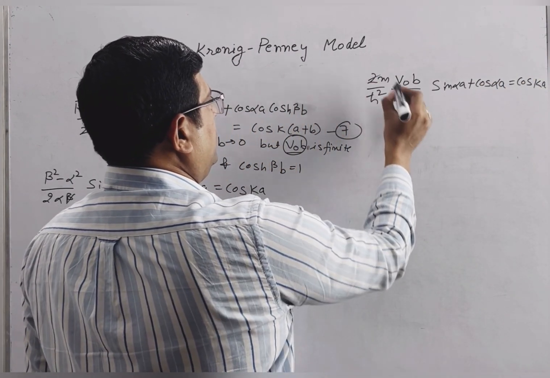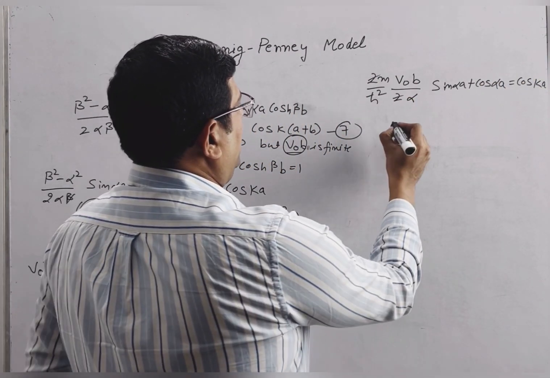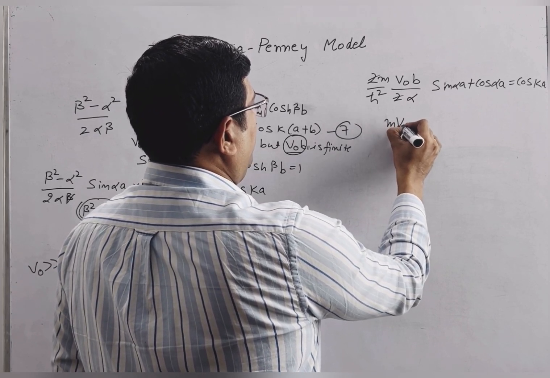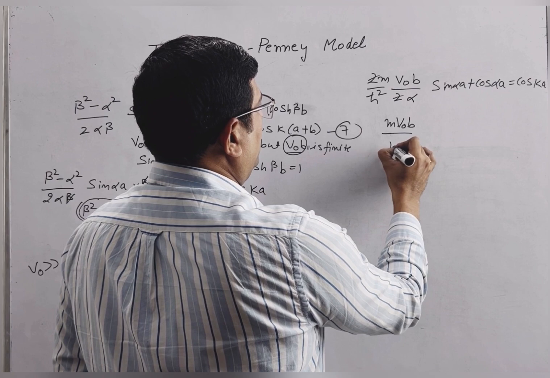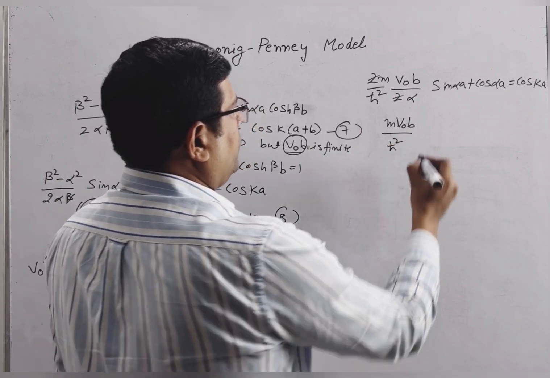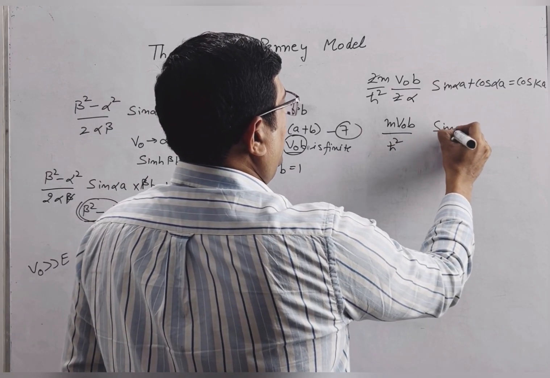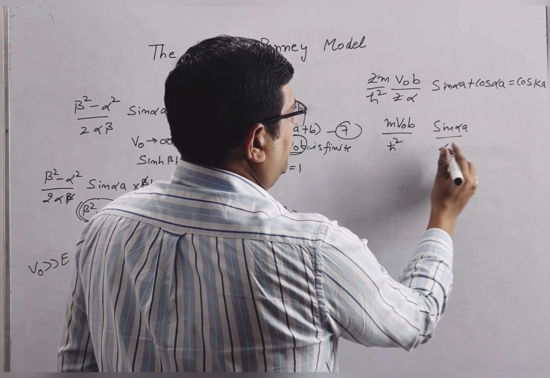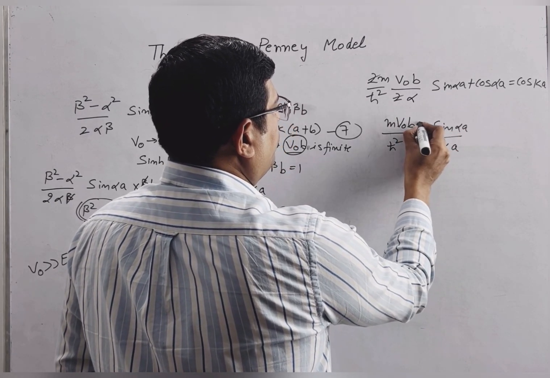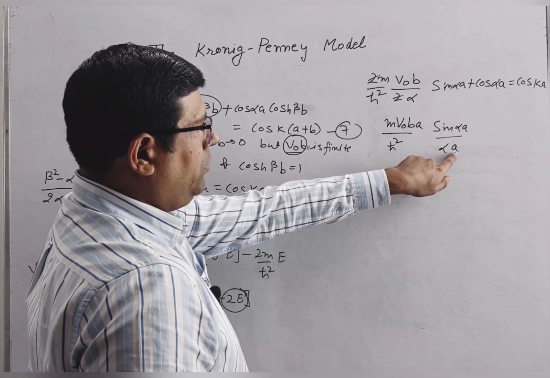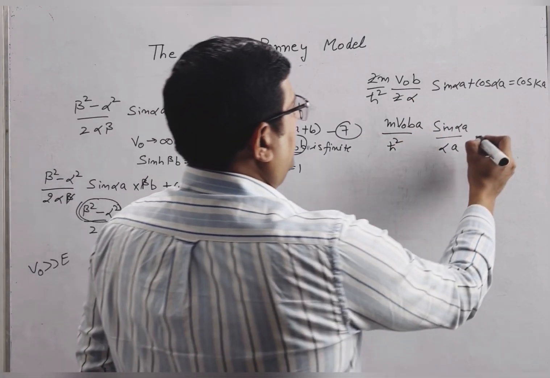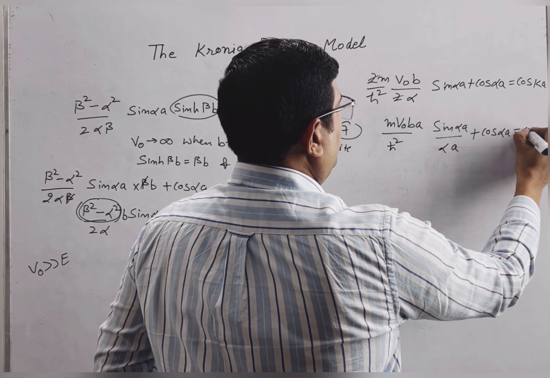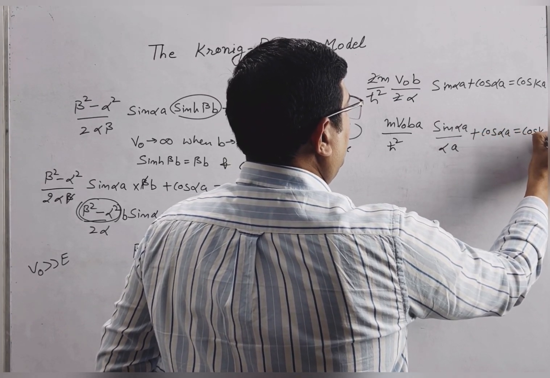The 2 cancels here and we get m V naught b upon h cut square, sin alpha a; this is alpha, so we divide and multiply by a, plus cos alpha a equal to cos ka.